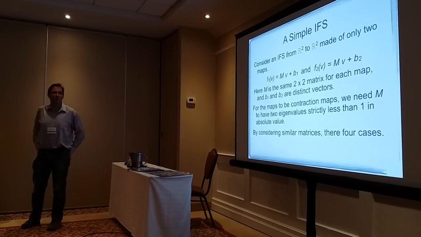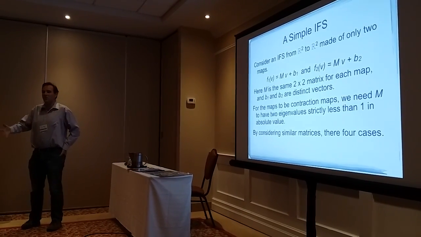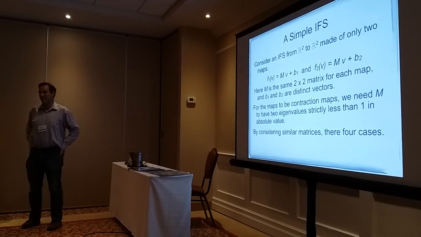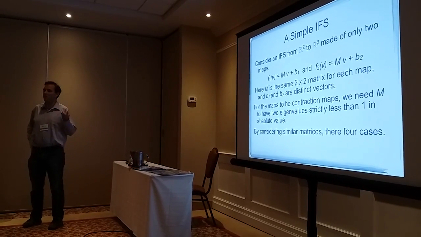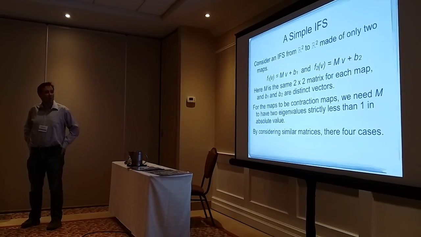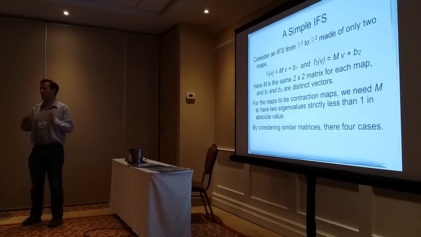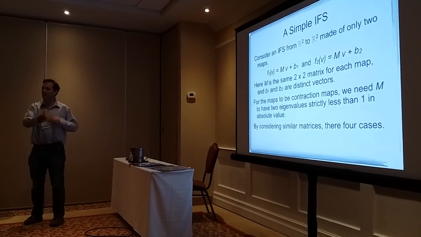But I think our philosophy on this is, if we can't do 2 cases, we didn't want to go to 3 or 4. And somehow 2 encompasses a lot more structure than we expected right away. I should comment, a lot of this stuff we also did from, instead of R2 to R2, you can go to Rn to Rn, and a lot of this sort of analysis goes through.